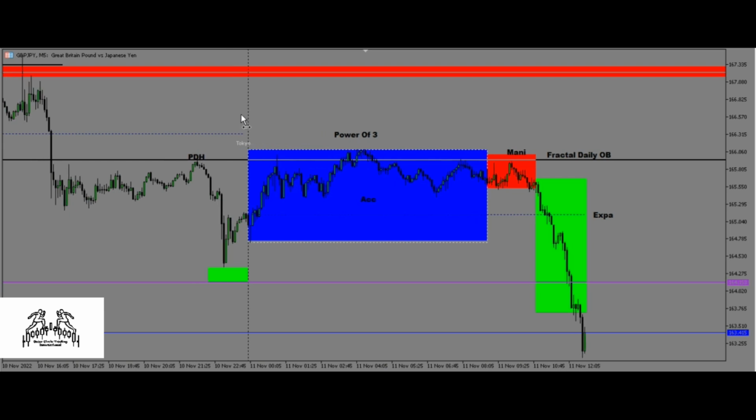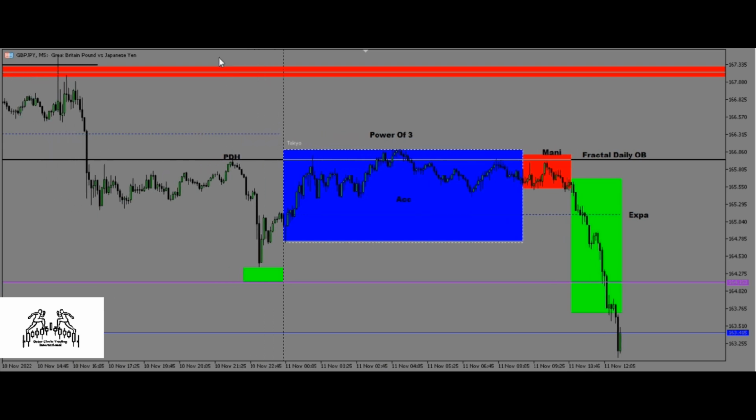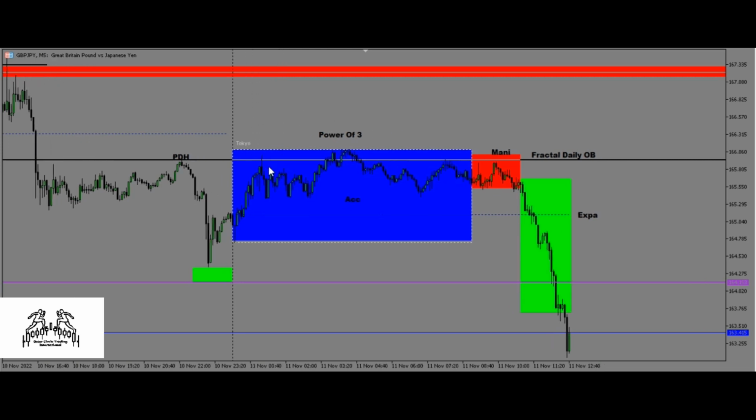For example, we do not have an order block here, and as you can see, the Asian session took out the previous daily high during the accumulation phase. So there is no way that during the manipulation price is going to come up to this Asian liquidity, because the area that price was targeting was this previous daily high, and we see price penetrating the previous daily high here, and you also see this thing happening here.